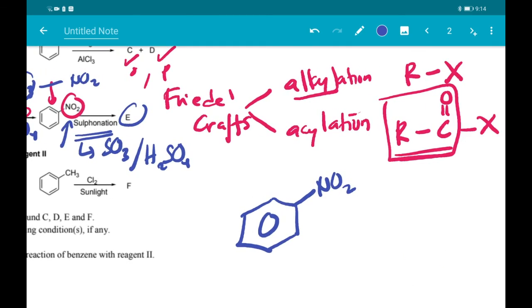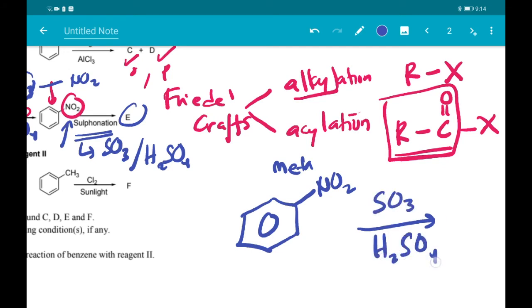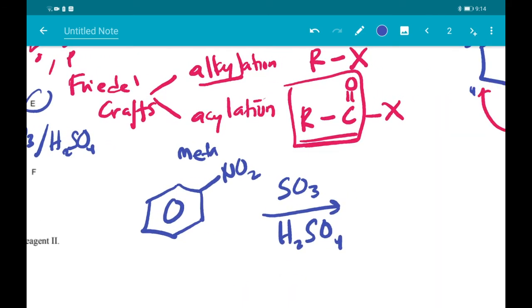We know that NO2 belongs to the meta director. Therefore, when we perform the sulfonation reaction, which is SO3 in sulfuric acid, the NO2 will direct the SO3H into position 3 or position 5.